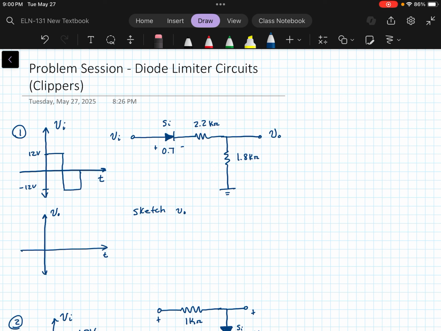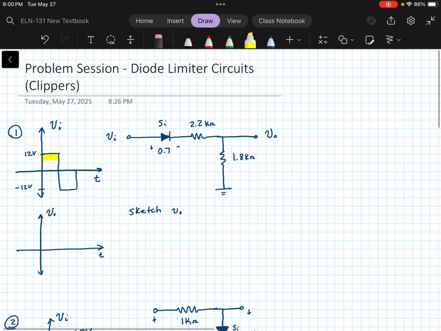So it looks like pretty much anything in the positive region above about 0.7. Again, we're talking about a practical diode, not an ideal diode here. So anything above 0.7 looks like that's going to turn on the diode.